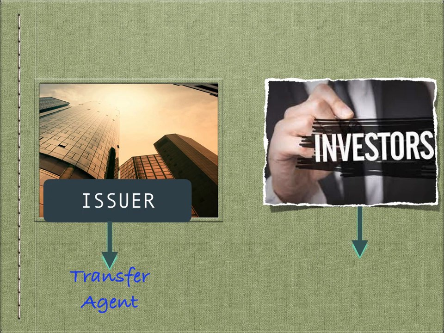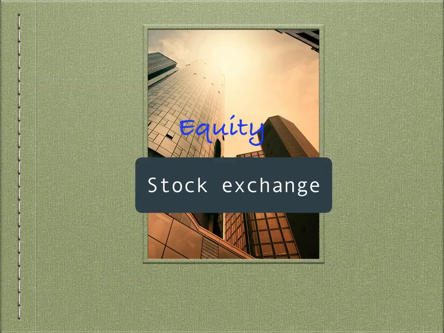The investors appoint a custodian to manage and hold the portfolio. So if you are very clear about in whose interest these entities are working, you'll be able to understand the flow really well. So the transfer agent works on behalf of the issuer, the custodians work on behalf of the investors.